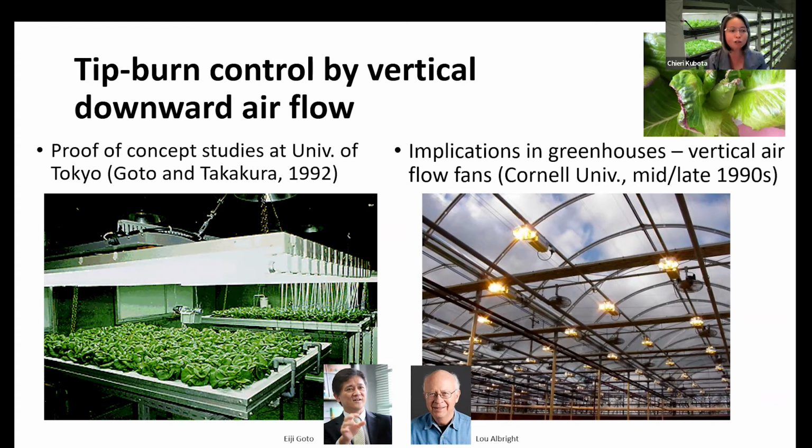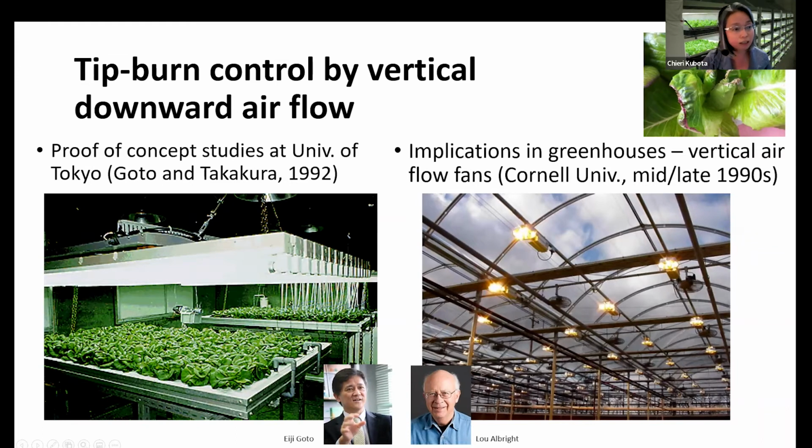What he did was quite unique. He had that tip burn issue, right? And he wanted to see if targeted airflow around the shoot tip actually removed the tip burn or not. So he set up an artificial environment, not a greenhouse, and put tubing with airflow targeted right onto the shoot tip, and then compared the tip burn incidence, growth rate, and all that.